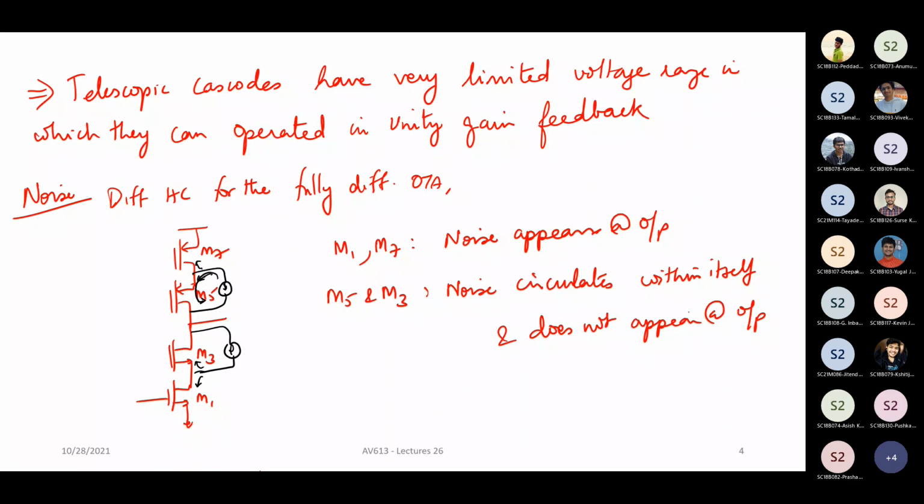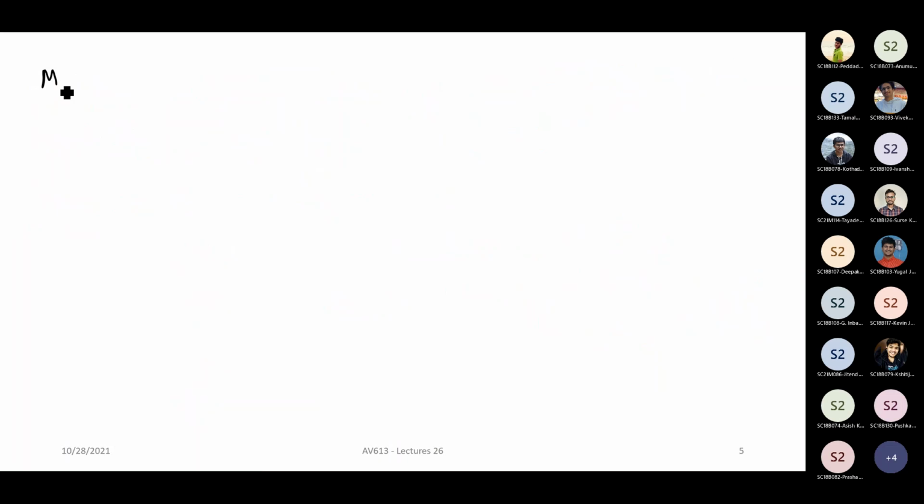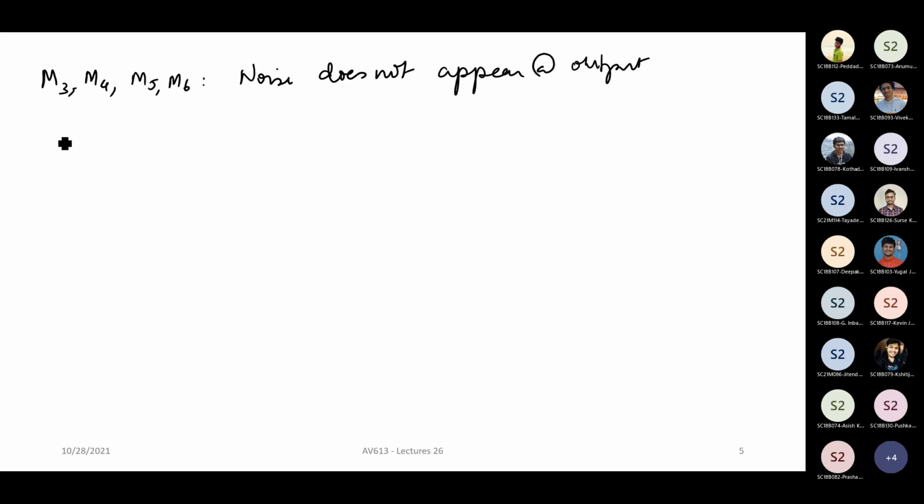So that is why M3 and M5 will not contribute, and therefore we can say that M3, M4, M5, M6 noise does not appear at the output, and noise of M1, M2, M7, M8 appears at the output.